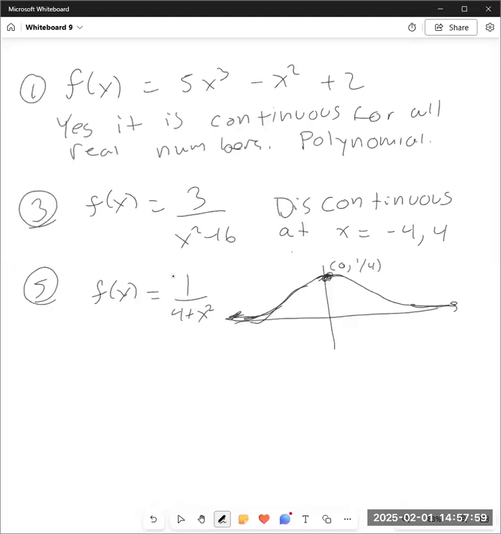I can stick in any x value that I want and square it and add it to 4, and I get a non-zero denominator. It's defined here for all real numbers. So yes, it is continuous for all real numbers.